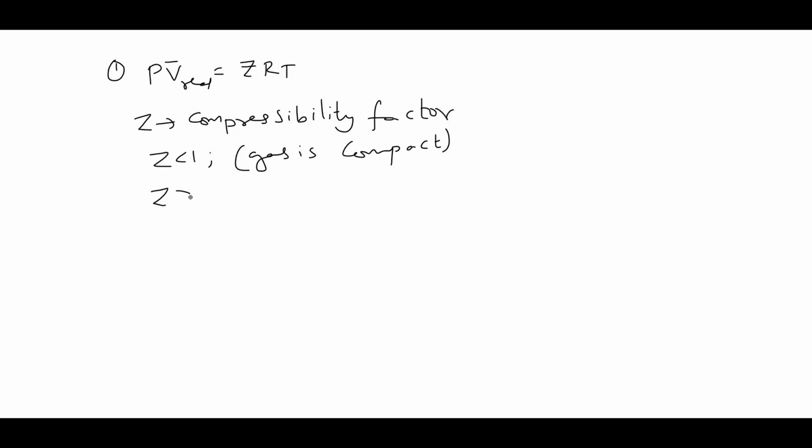If Z is greater than 1, the gas molecules or atoms are repelling each other, hence they tend to have a bigger volume in this case. So this equation tells us about attraction and repulsion in this way.